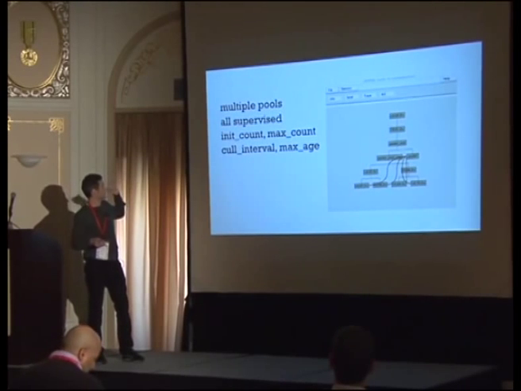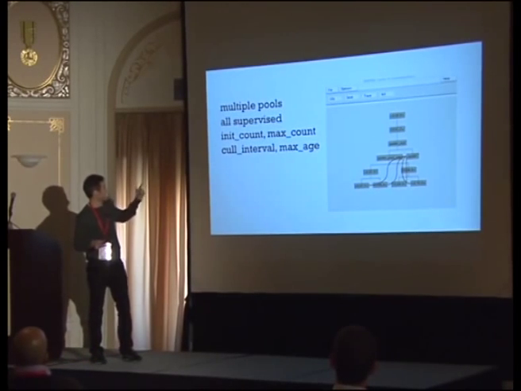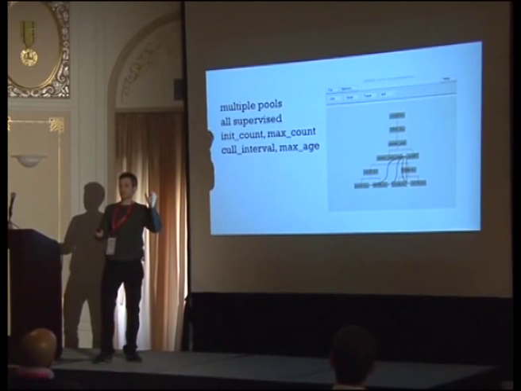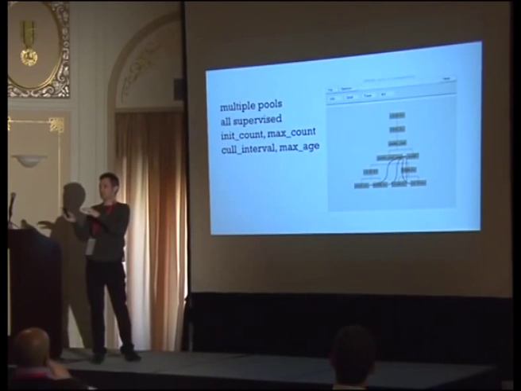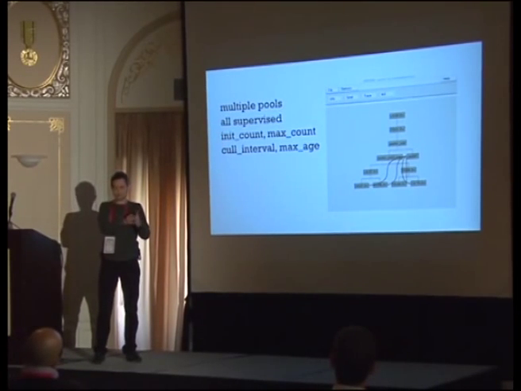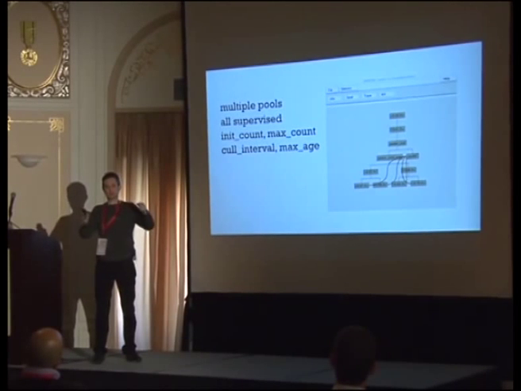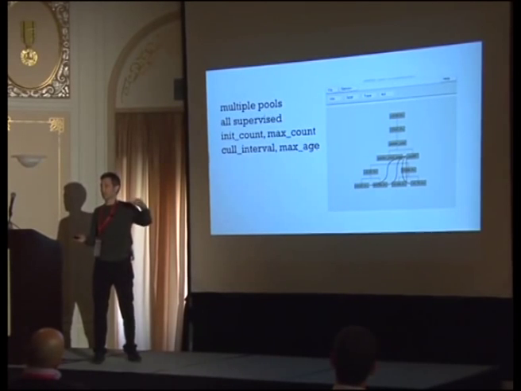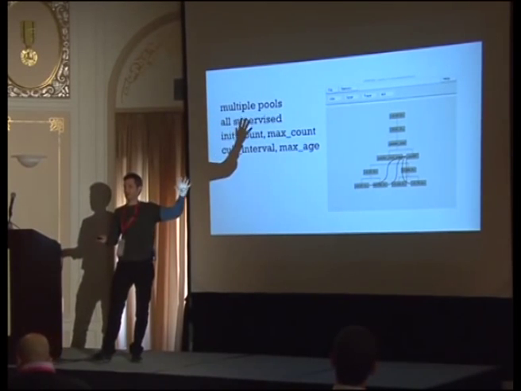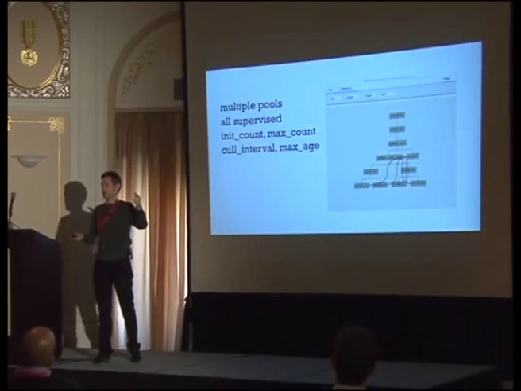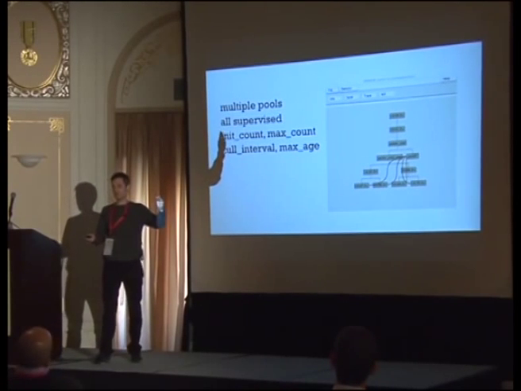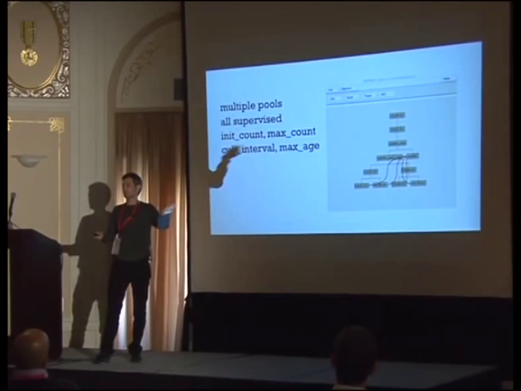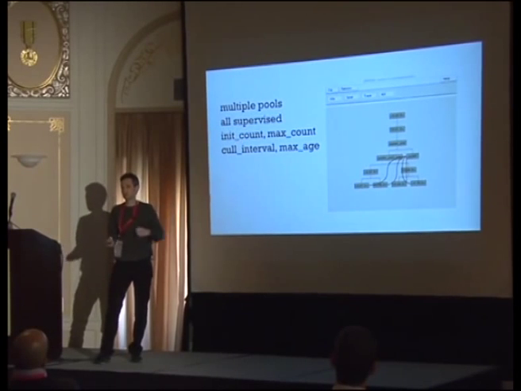So we had multiple pools, everything supervised. I added support so that you could specify in the config an initial count of members and a maximum count. And it does a very simple thing, which is that everything's in this gen server loop. So if the pool is full at its init count, say init is 10 members initially and max is 20, and then you ask for the 11th member, it starts the 11th member in line with the request, returns the PID, and keeps track of it.